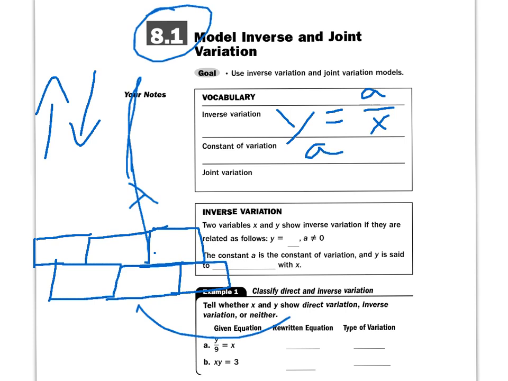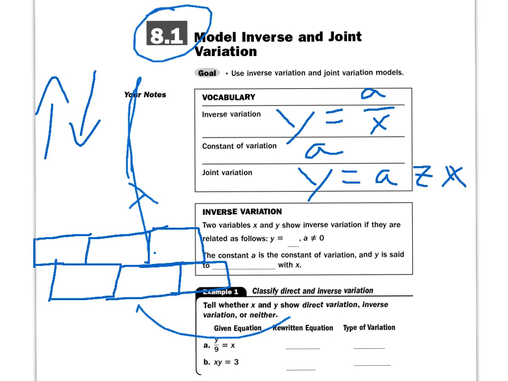And if I'm thinking about something having a joint variation, it could be direct, it could be inverse. A joint variation is generally something like y equals a z x or something. It varies jointly with these two things, and we'll talk about that more in a little bit.